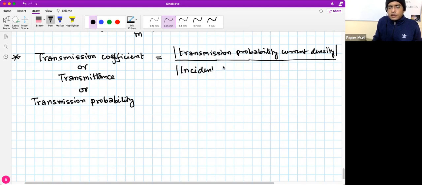Now I think you get the idea of what we are looking for. For reflection, we are trying to get the ratio of the number of particles being reflected to the incident particle number. In transmission, we look at the number of particles being transmitted divided by the incident number. This is the probability current density.